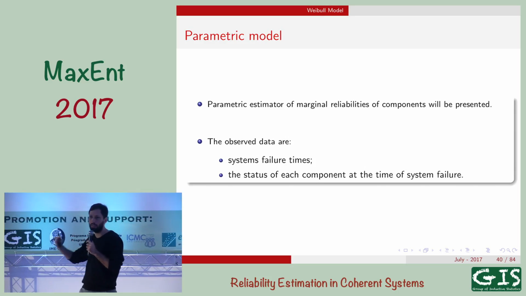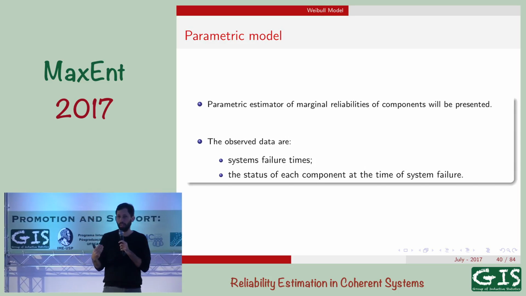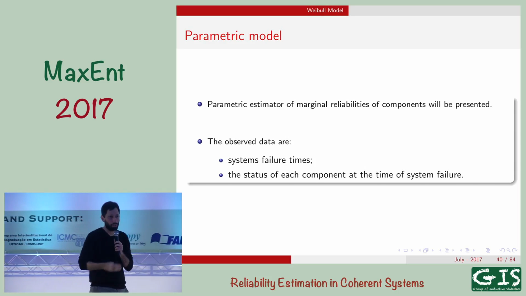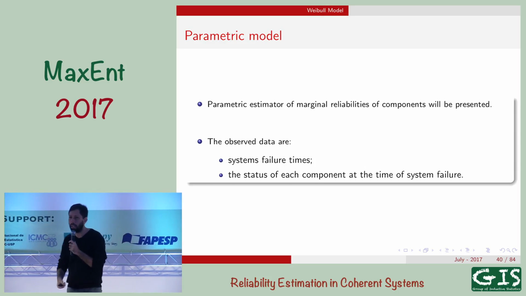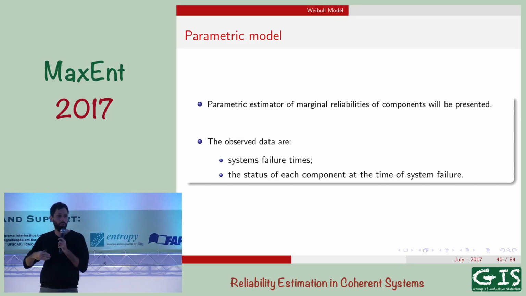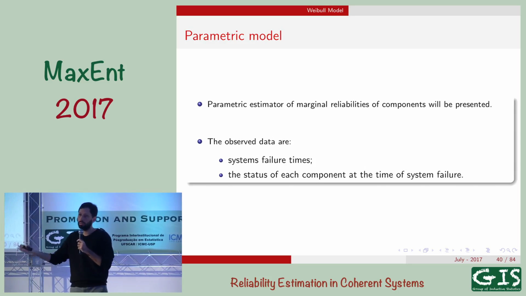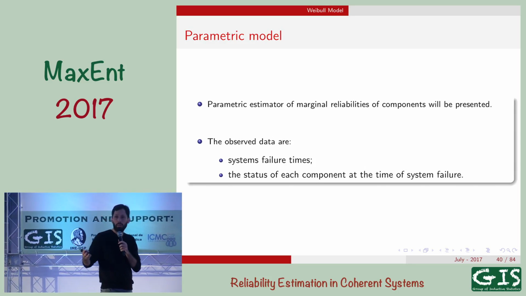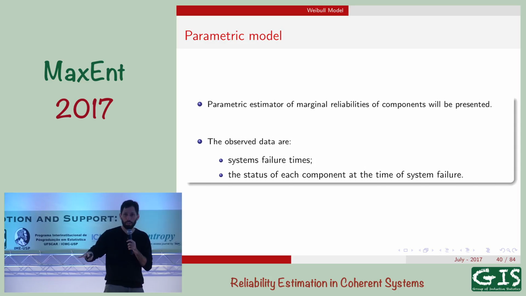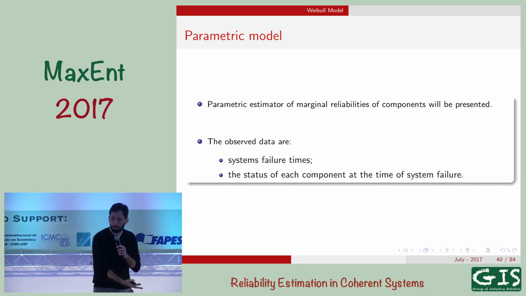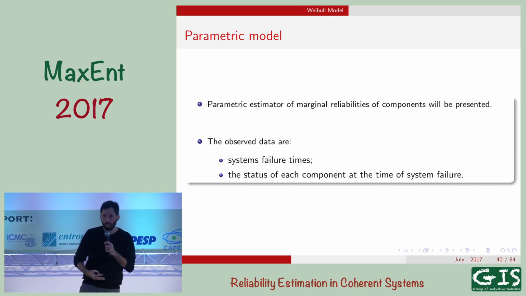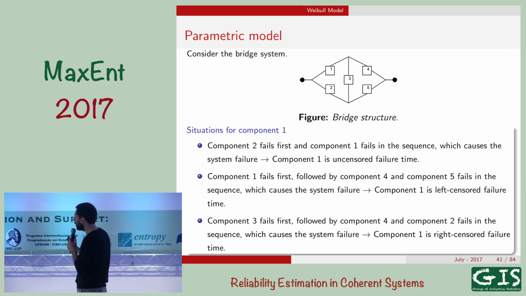They can be anything. However, under a parametric model, for example, if I choose an exponential distribution for my components, I will only have exponential reliability functions because I am giving this structure. So I am putting information here.